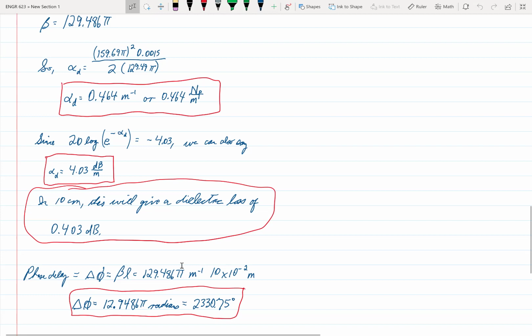L, again, is 10 centimeters. And so when we multiply this out, we get delta phi is 12.9486 pi radians, and converting that to degrees, we have 2,330.75 degrees. So that concludes our discussion of problem 3.5.